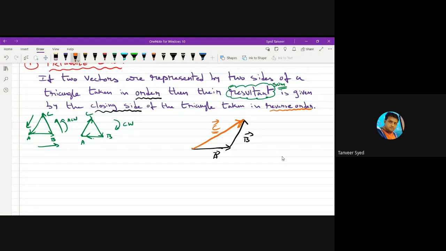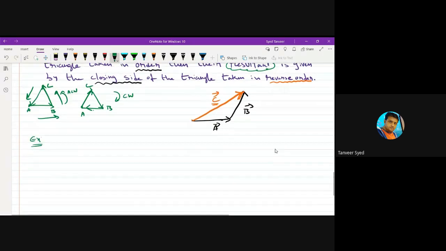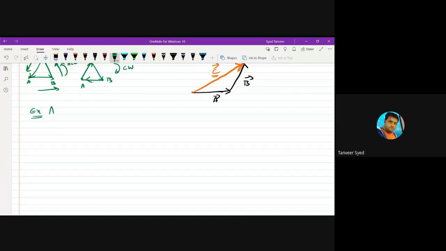Okay, sir. So if I take an example, a man walks 4 meter towards east and 3 meter towards north.